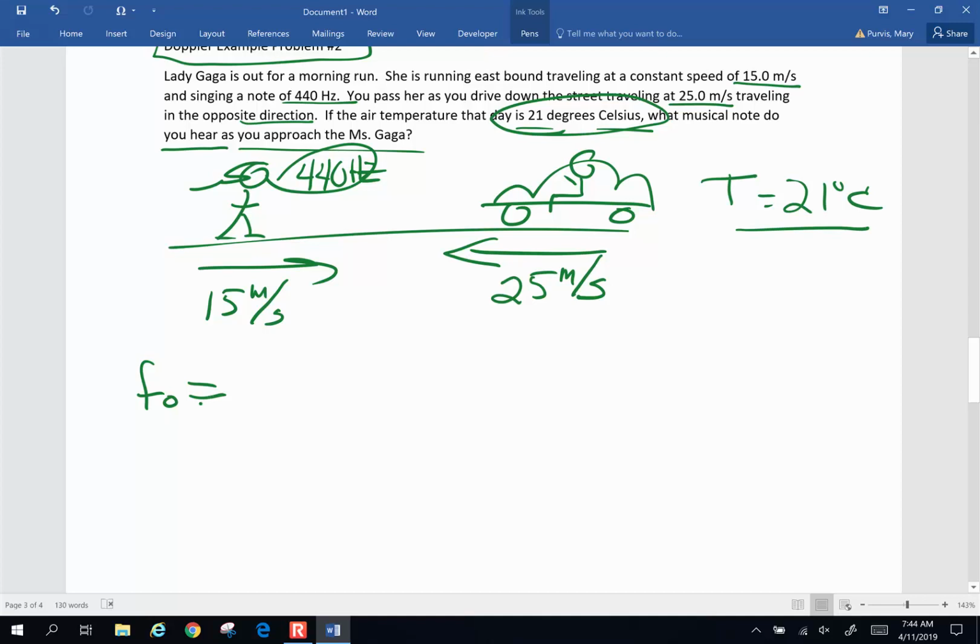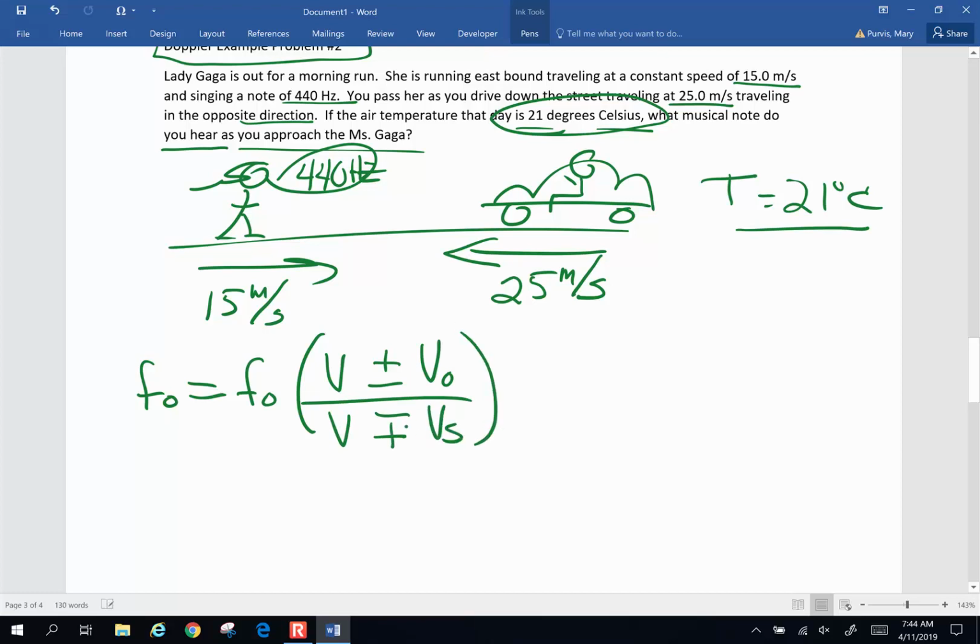So same equation: frequency observed equals frequency of the source, times velocity of the wave plus or minus velocity of the observer, over velocity of the wave minus or plus velocity of the source. Now this is a towards situation. You and Ms. Gaga are moving towards each other, so we're going to use the top set of signs.